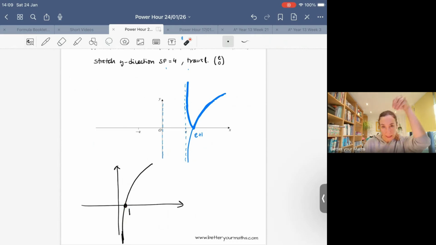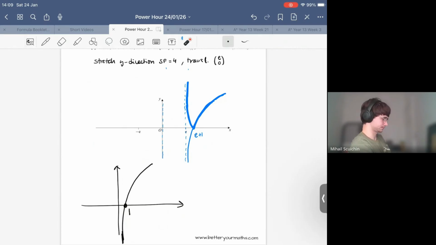When we stretch vertically, they don't change. So this stays just a bit more vertical, but nothing else. When we move it to the right, the whole graph moves to the right and it becomes this one. And then when we do the modulus, this branch that is below the x-axis becomes positive above the x-axis. I see now. Thank you.